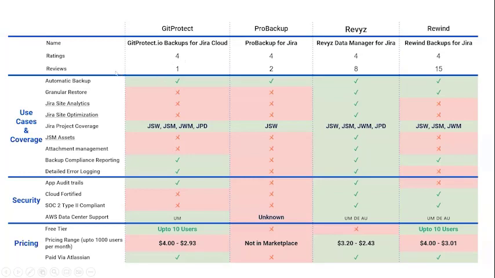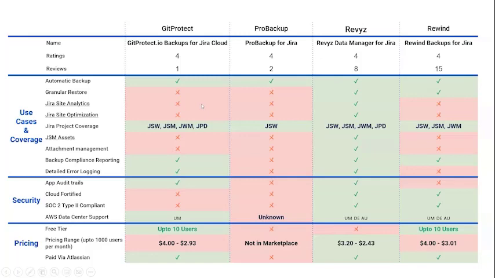When it comes to reviews or feedback from users, Git Protect has a single review, Pro Backup has 2 reviews, Revise has 8 reviews, and Rewind is on the higher side. The existence of Rewind might be from earlier, and that's the reason they have 15 reviews or feedback received from end users.